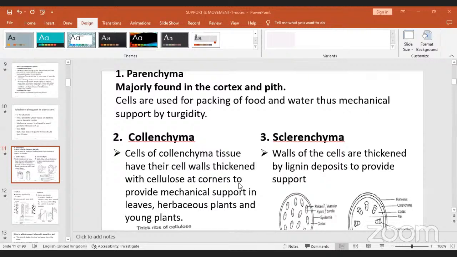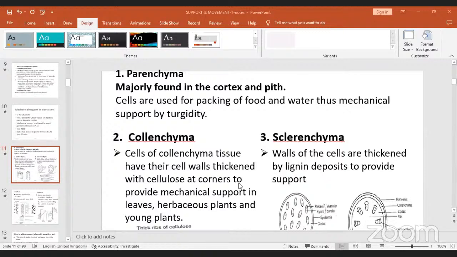So mainly thickened with the cellulose, and you will get some collenchyma tissues in herbaceous plants. You get a lot of collenchyma in the leaves, because when you examine the cell wall of the leaves, they're made up of cellulose.